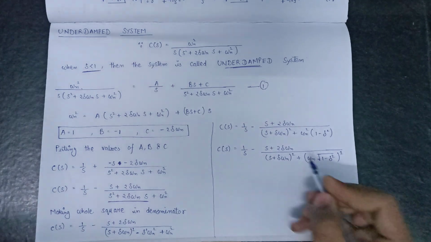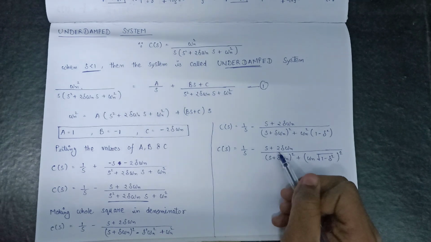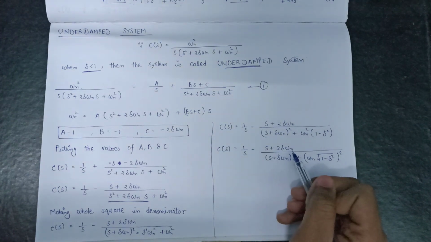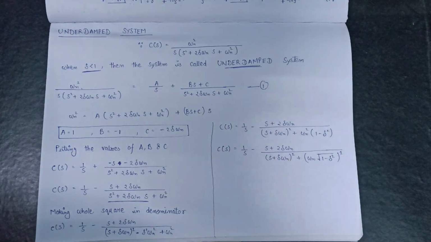After this, we will separate out this numerator term, because this 2 del omega n can also be written as del omega n plus del omega n. That's why we will separate out this term.